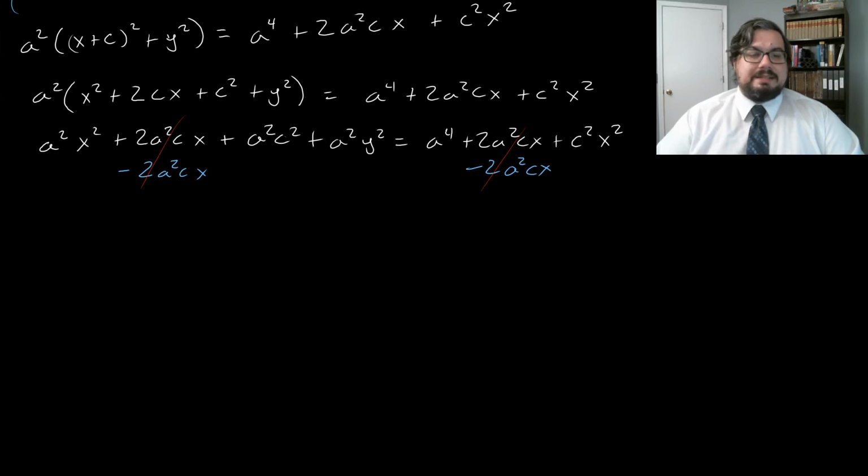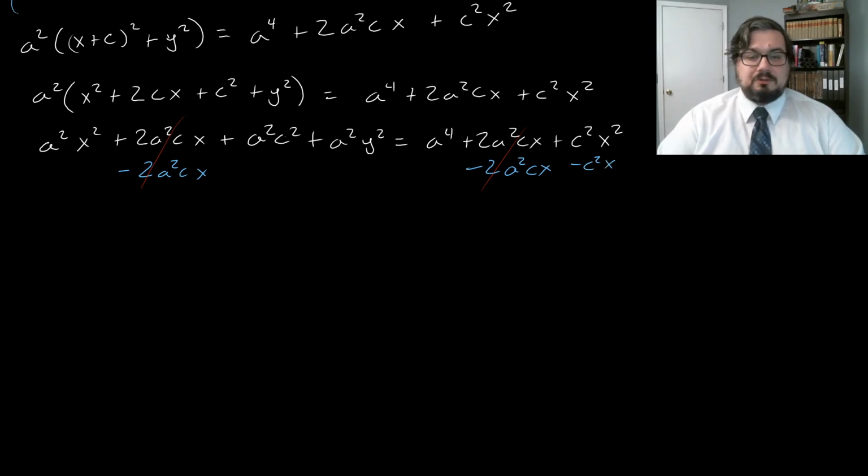What we have left is an equation that involves some x squared terms and some y squared terms. And what we are going to do is to gather all of the variable terms up on the left side of the equation and put all the constant terms on the right side of the equation.